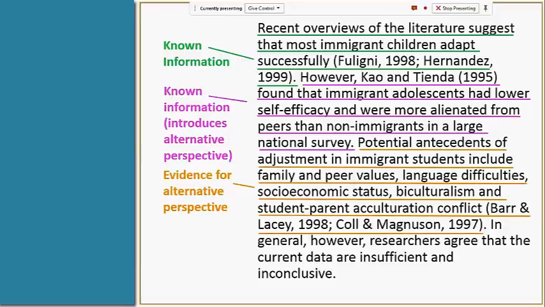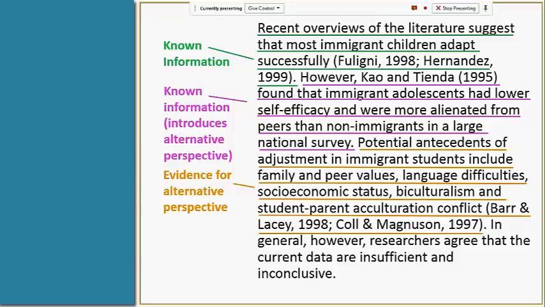Potential antecedents of adjustment. Oh, so here we have examples of areas of difficult adjustment for immigrant students. Potential antecedents of adjustment in immigrant students include family and peer values, language difficulties, socioeconomic status, biculturalism, and student-parent acculturation conflict.